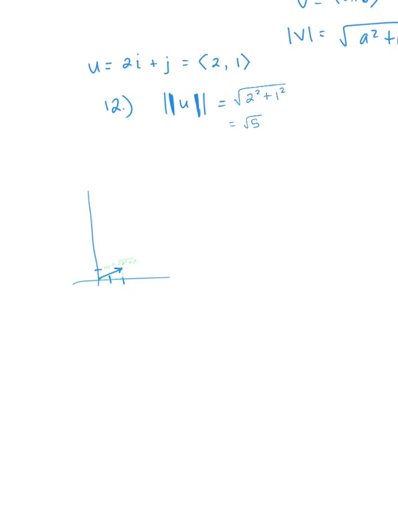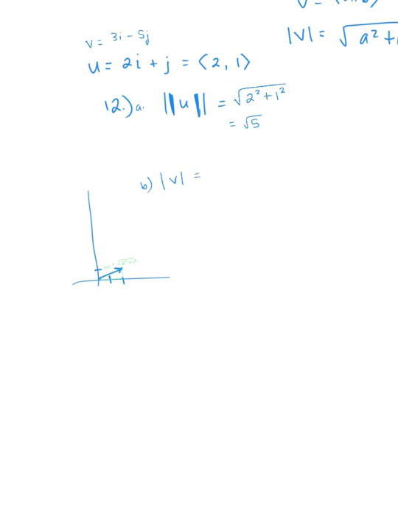Okay, that's A. And then B, we're supposed to find the magnitude of v, and it's just the same, except v is given as, let's see, 3i minus 5j.